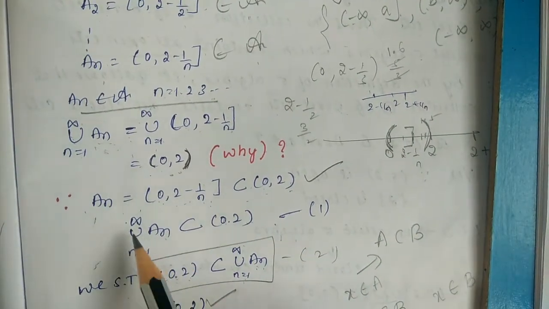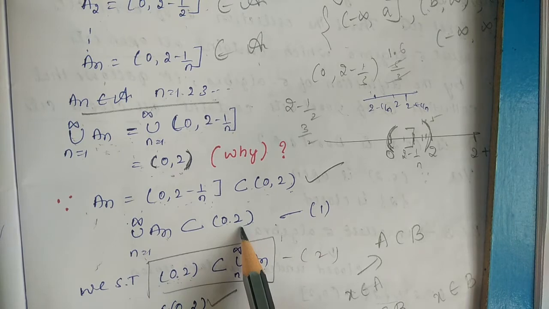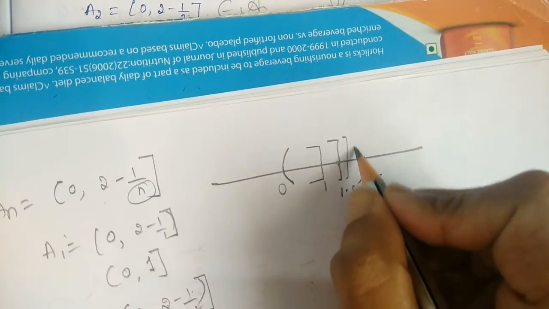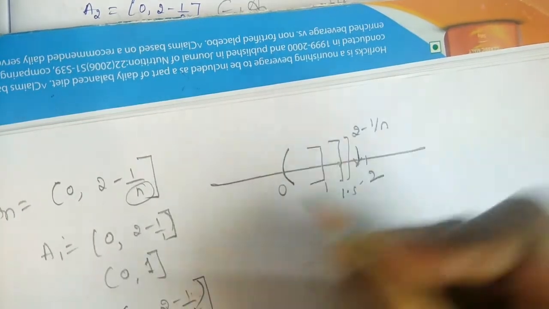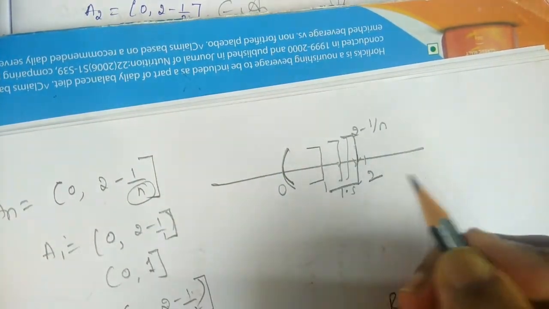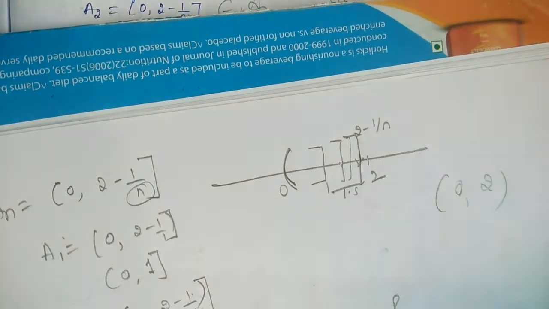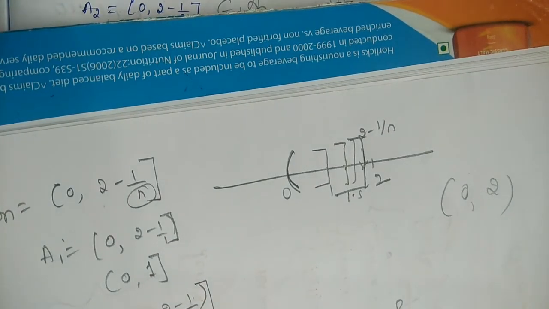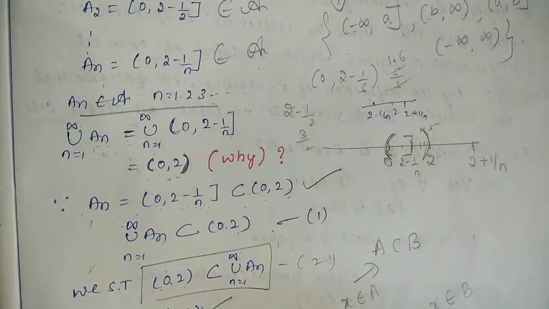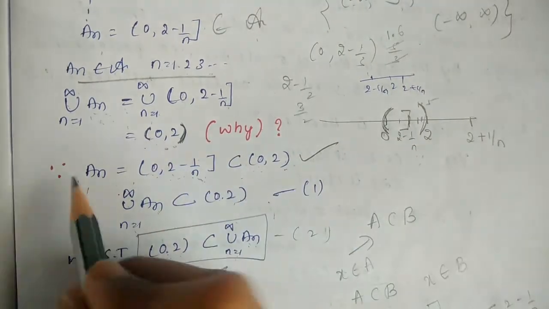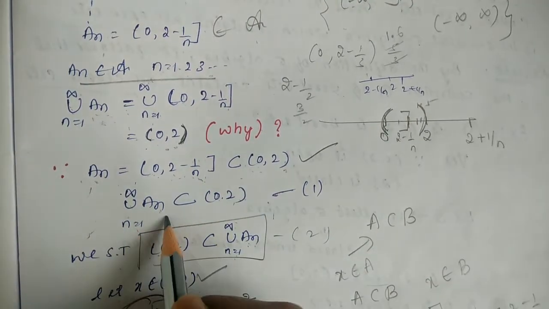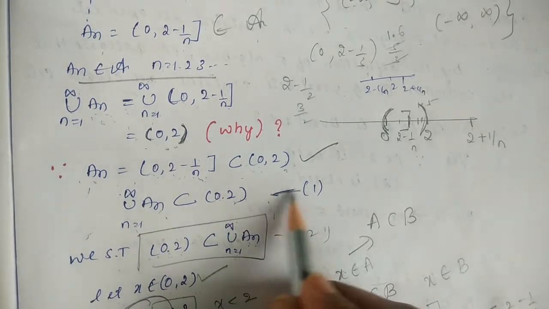So here, the union of An is clearly a subset of (0, 2), because (0, 2 minus 1 by n] is clearly contained in (0, 2). 2 minus 1 by n is a little smaller compared to 2. So each An is a subset of (0, 2), therefore the union of An is also a subset of (0, 2). Mark this as 1.